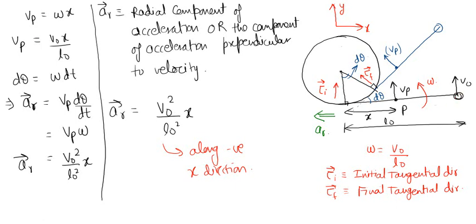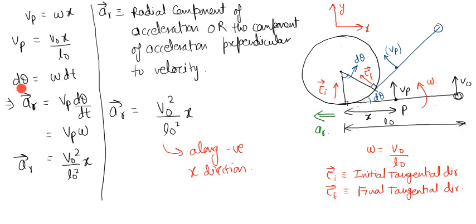Now, we will calculate the radial component of acceleration, or the component of acceleration perpendicular to the velocity, using this figure. So Vp is equal to omega into x. The velocity of this particle P can be written as omega into x, and since omega is v0 by l0, Vp is equal to v0 by l0 into x.